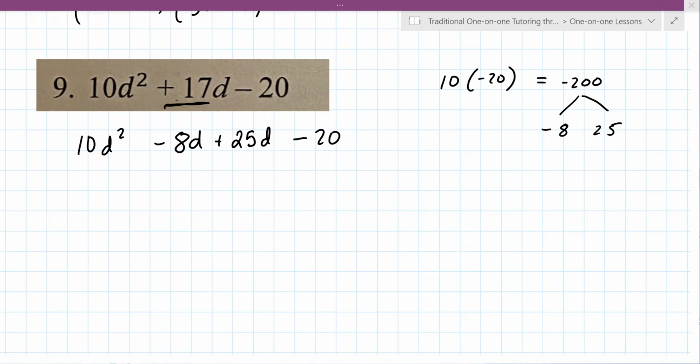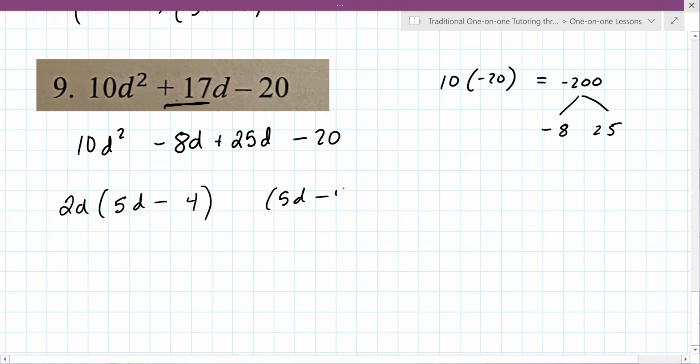The GCF of 10D squared and 8D is 2D. Okay. So when you do this, let's figure out what number goes here so that when you multiply in, you get back to the previous line.